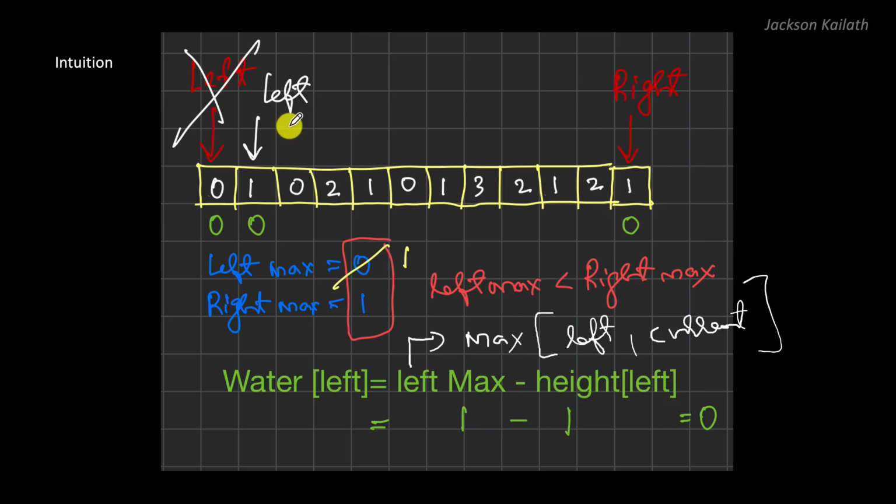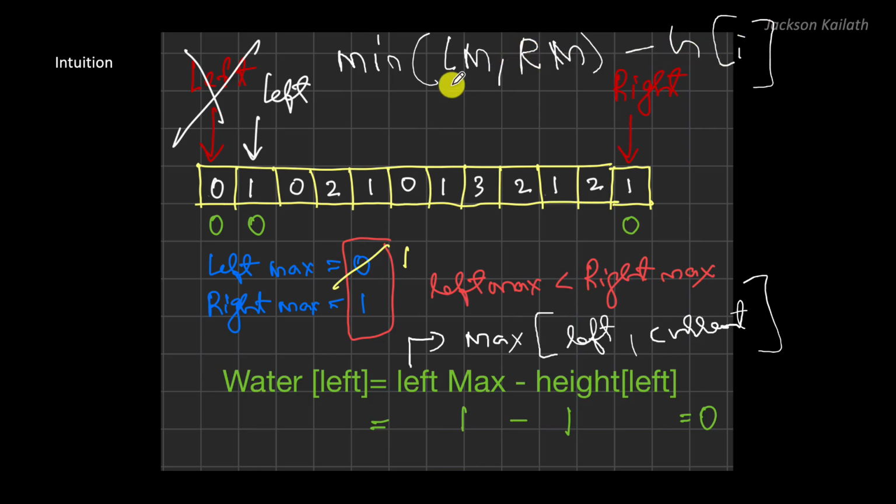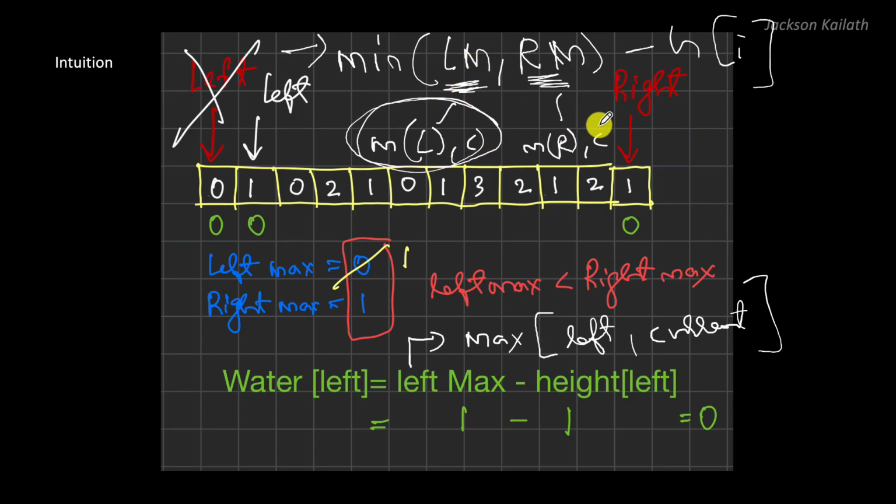Now if you think of the formula that we had, minimum between left max and right max minus height at index I, for each of these, left max was the maximum between left and current. Similarly, right max was the maximum between right and current value. So that's how we computed left max and right max. So basically, left max and right max can never be less than the current height, and therefore even updating the left max over here is not a problem.